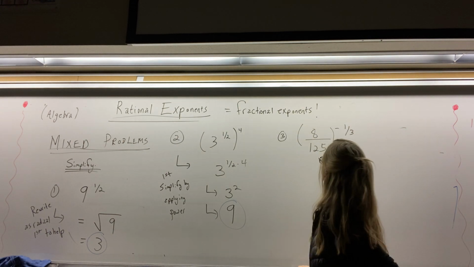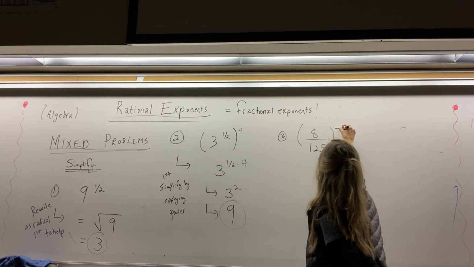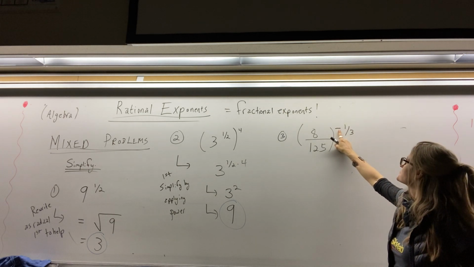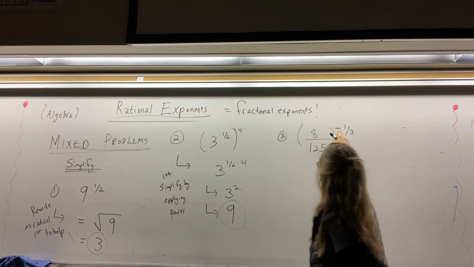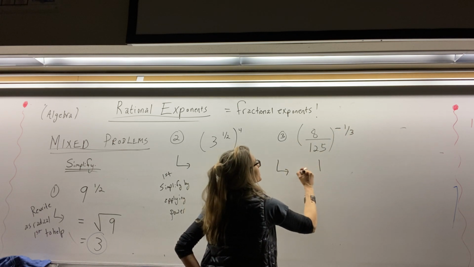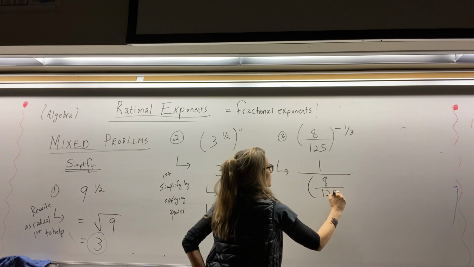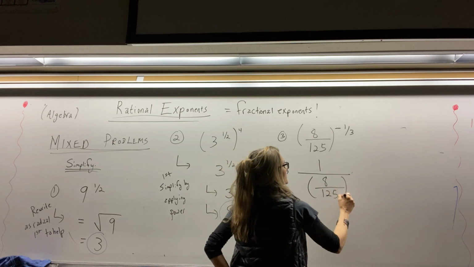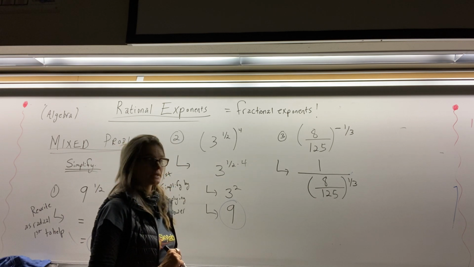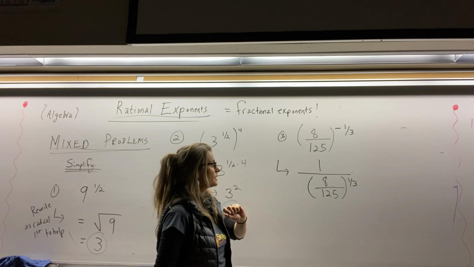Now we could write it into radical form right away, but we don't have the ability to work the negative first. So what we have to do is first make this positive, and there's several tricks. So what we could do is say this is the same thing as 1 over all of 8 over 125 to the 1/3 power. And then we could go ahead and apply our radicals and simplify this complex fraction we end up with, okay?